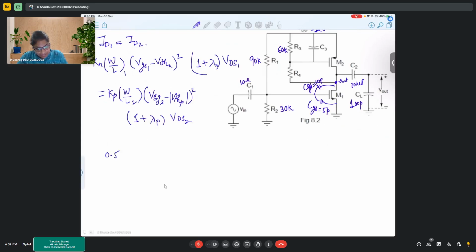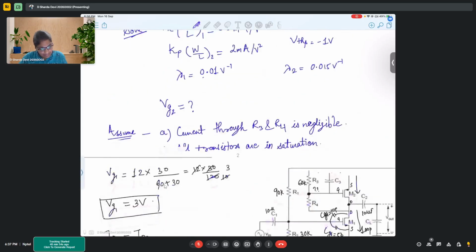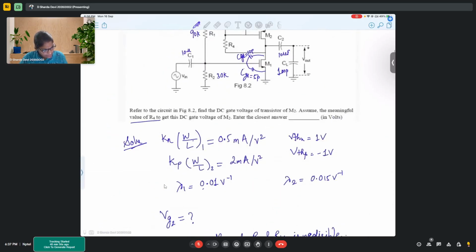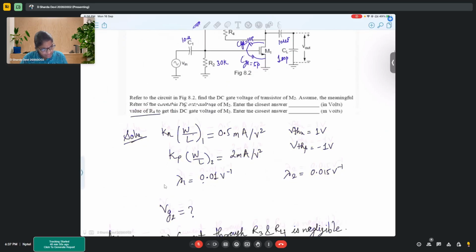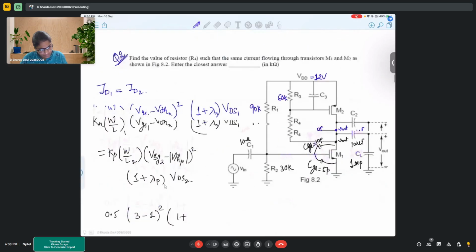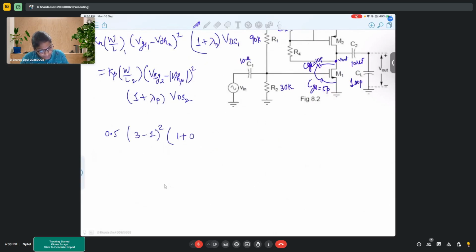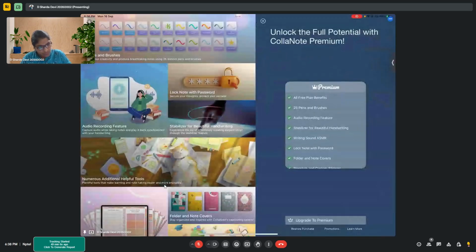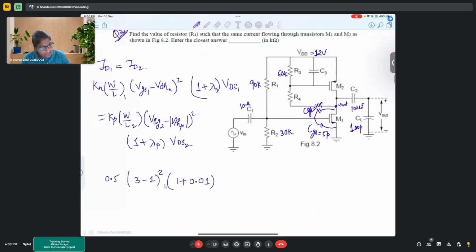So basically, now simply we'll substitute the values. Here we have 0.5 into (VGS1, which was 3 volts, minus 1) whole square, times (1 plus lambda n, which is 0.01, into VDS1).